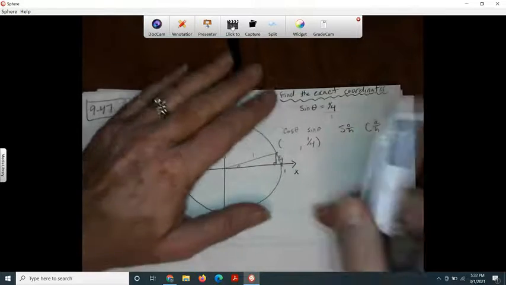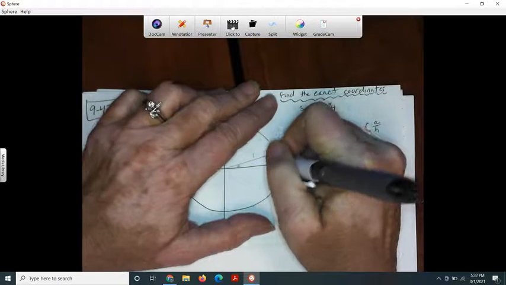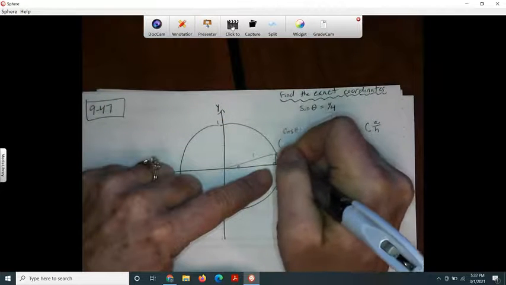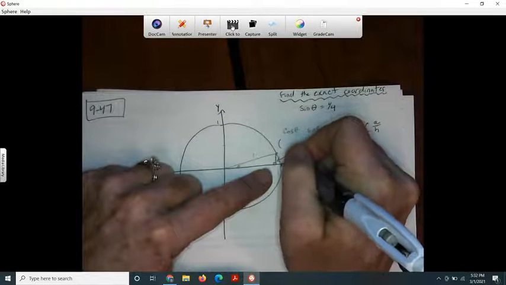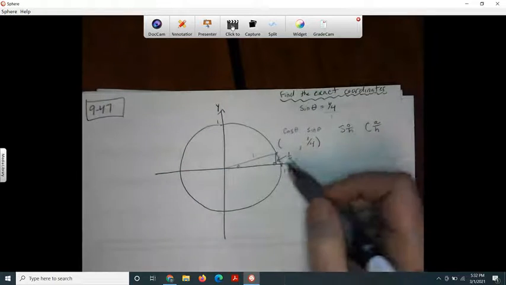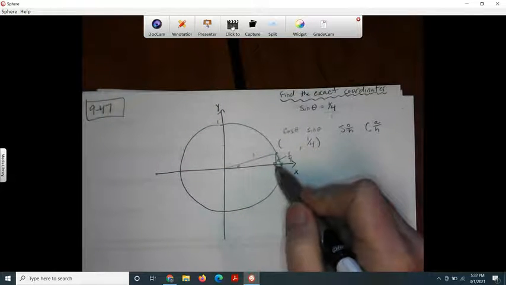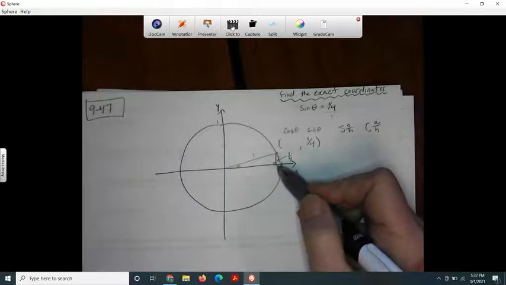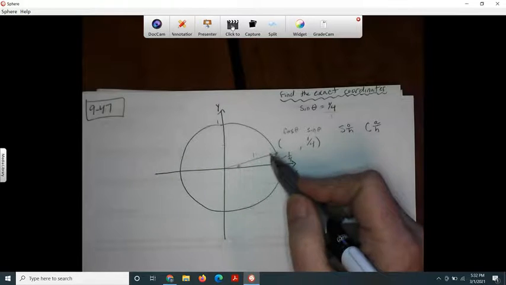If this side, and you can't read it very well, if this side length right here is 0.25 or 1/4, I can just use the Pythagorean theorem. This is a right triangle. So I can say a squared plus b squared equals c squared.